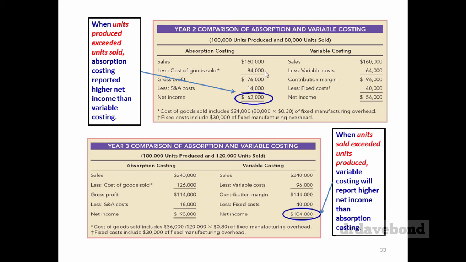Variable sales and admin, 5 cents at 80. This is your variable S&A. 10,000, your fixed S&A. All the same.